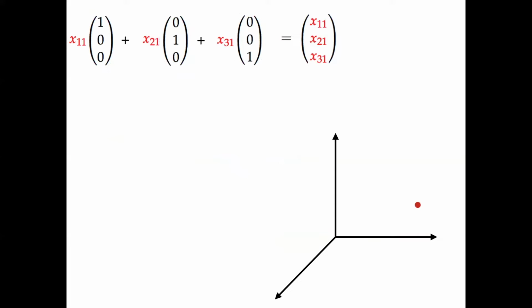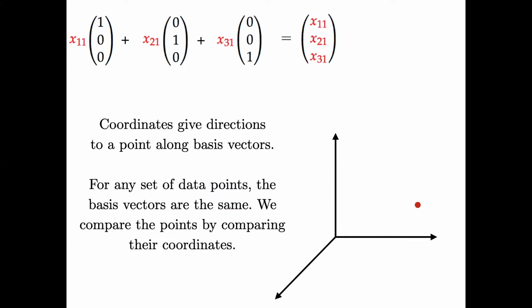Here I have a point in space, a point in 3-dimensional space. And I can think about that point as a vector, which is just the arrow from the origin to that point. Coordinates give us directions to that point along the basis vectors. So for any set of data points, the basis vectors are the same.